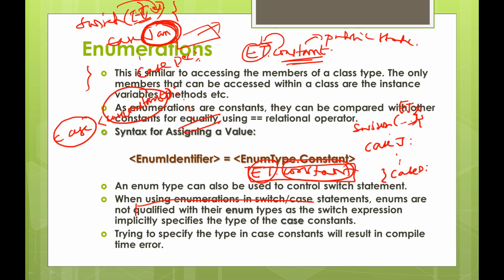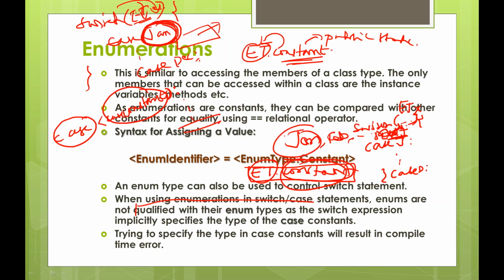Here I cannot access it using et dot Jan or months dot Jan. Trying to do this will result in a compile time error, because we access the constant just by naming it, Jan, Feb, and so on.